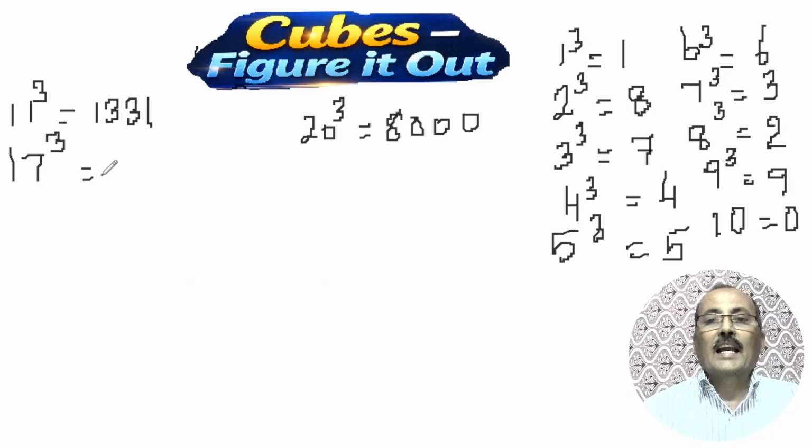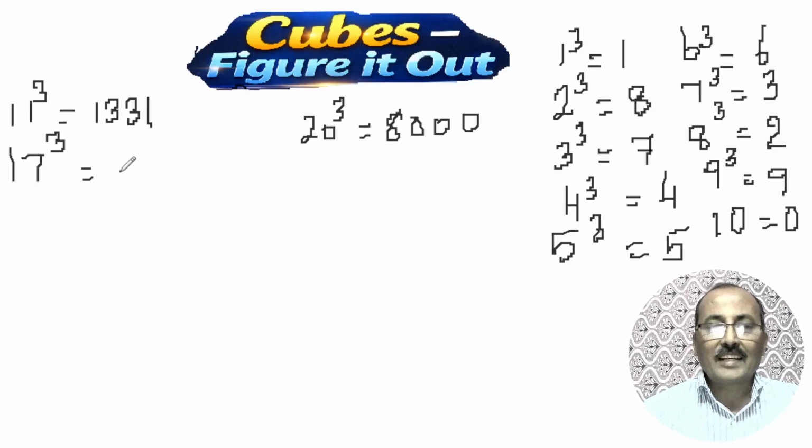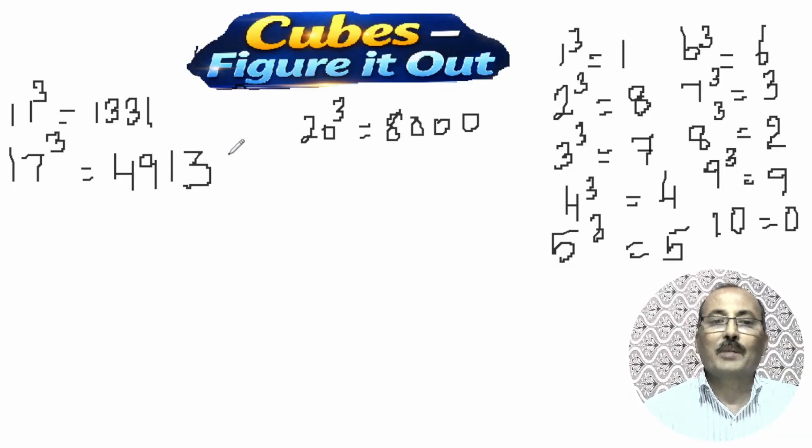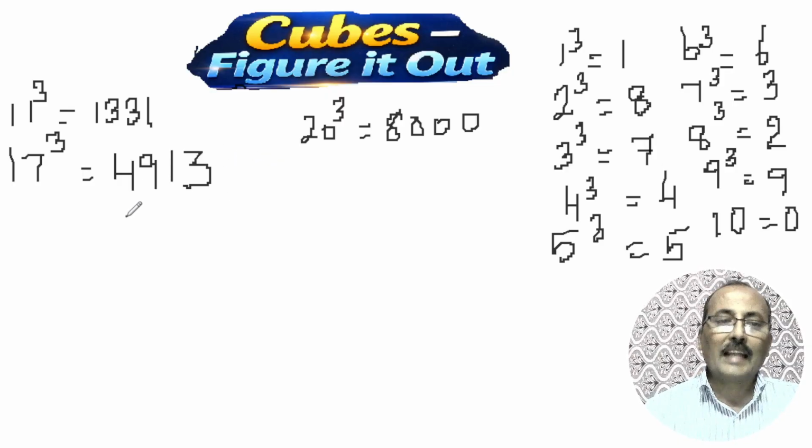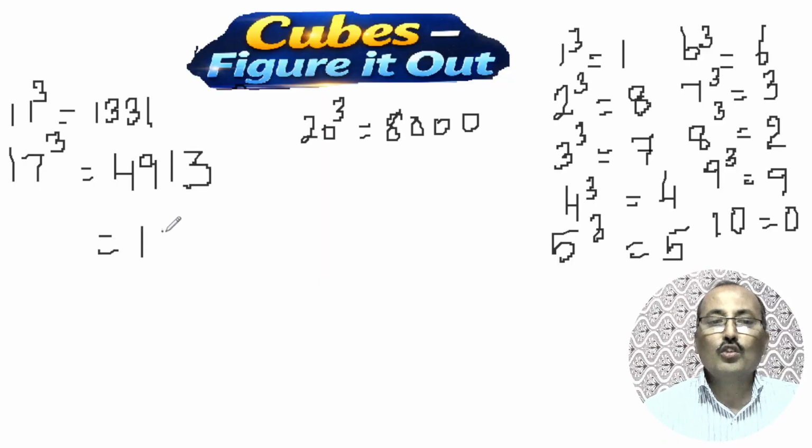We have to calculate here. The last digit will be 7 7s are 49, and again 7. The answer is 4913. You calculate it and check, because I don't want to multiply and show here.